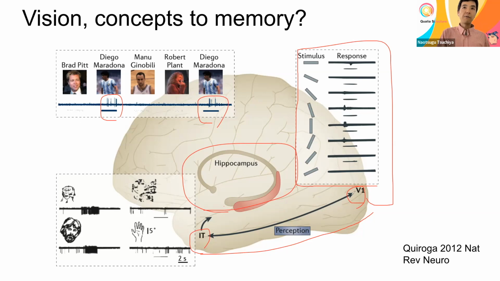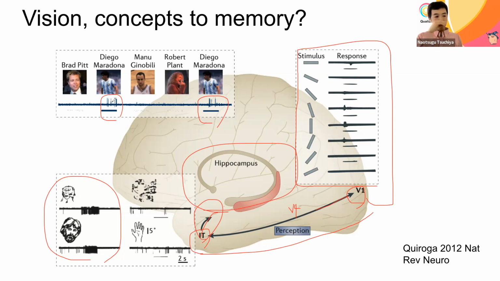Then as V1 goes to V2, V3, V4, and so on, this response is combined in a complicated manner to eventually arrive at a neuron that responds to the face. And from there, some further complicated nonlinear operation happens. Then within temporal areas, this specific response to Diego Maradona starts to appear.